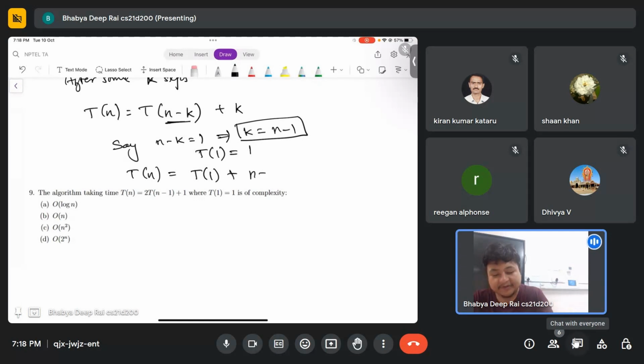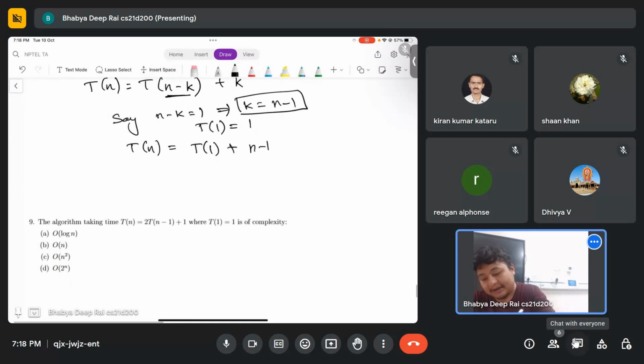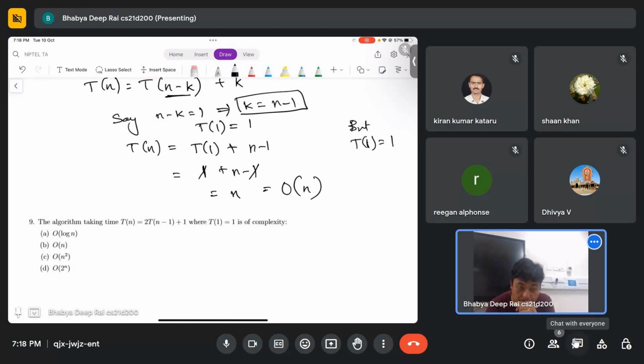So just substitute the value of k, we get T of 1 plus n minus 1. According to the question, T of 1 equals 1. So you have 1 plus n minus 1, cancel these, and you get n, which grows in the order of O of n. This is the order in which it grows.